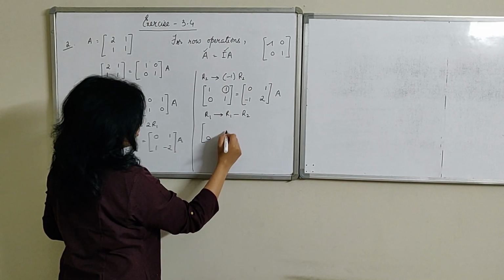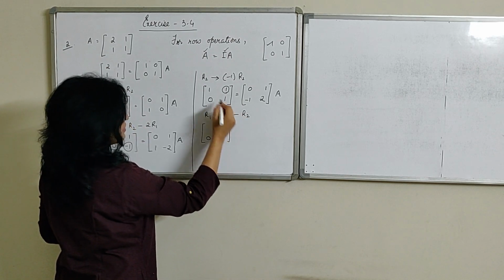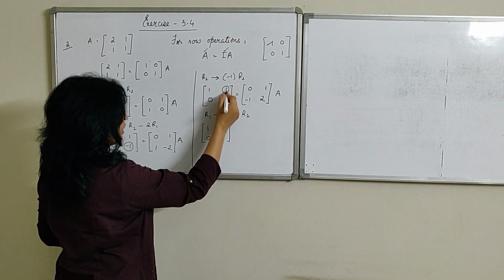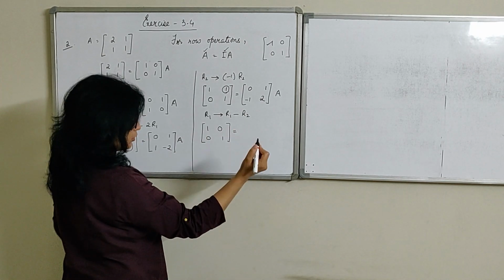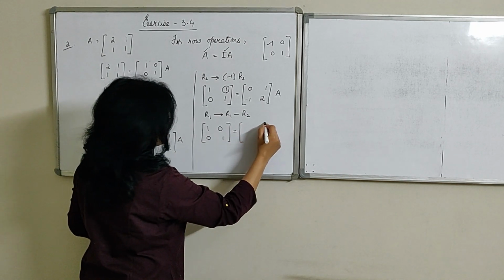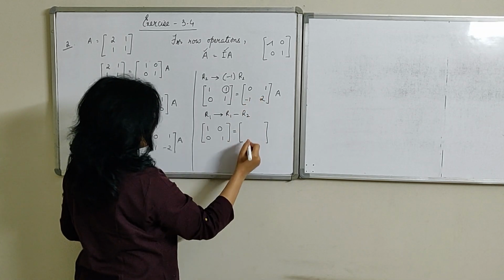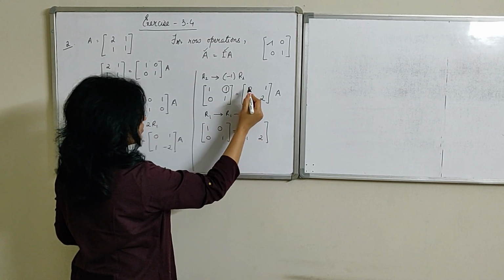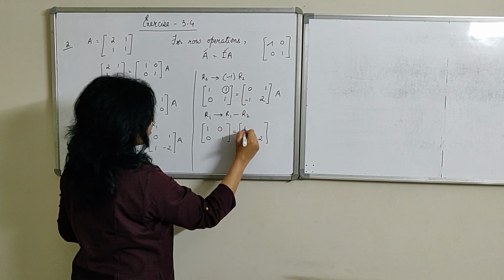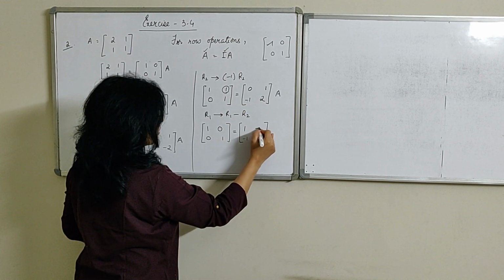Row 2 does not change. So R1 minus R2, R1 minus R2, 0. So the identity matrix has been obtained. But we do not stop here. We perform the same operation on this matrix as well, where row 2 does not change, and row 1, this minus this element, this minus this element.